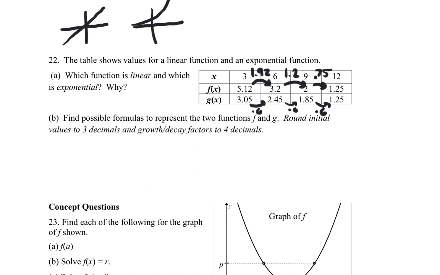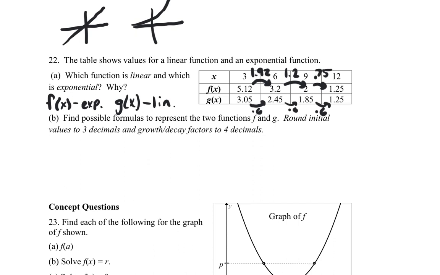So since the change in the first one is different and the change in the second one is the same, that means f of x is exponential and g of x is linear. And the reason is because the rate of change for f of x is different, and for g of x it's the same, and that's why they're exponential and linear respectively.